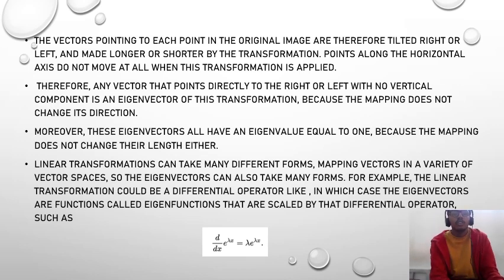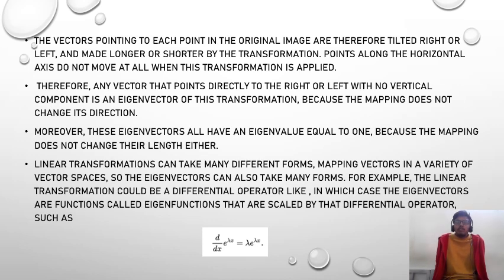Linear transformations can take many different forms, mapping vectors in a variety of vector spaces. So the eigenvectors can also take many forms.